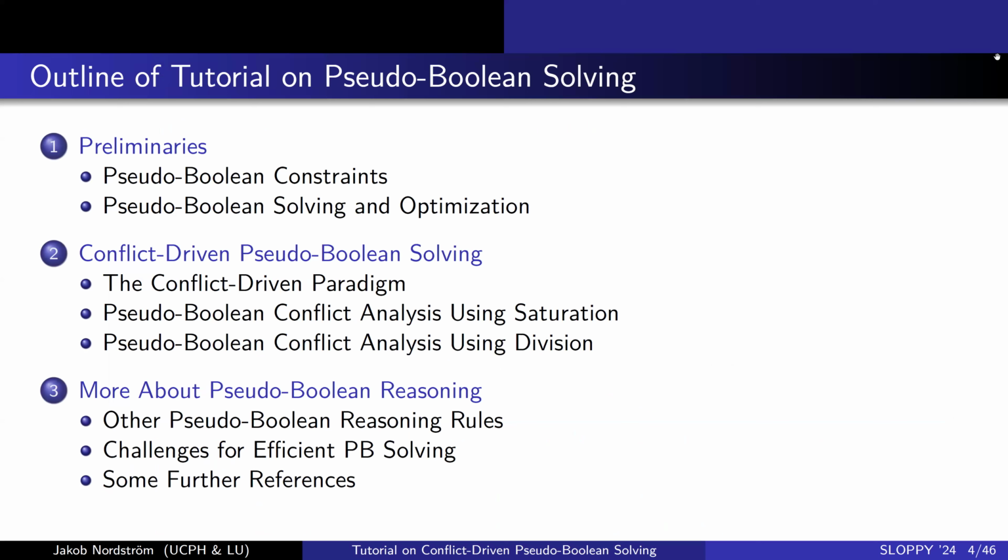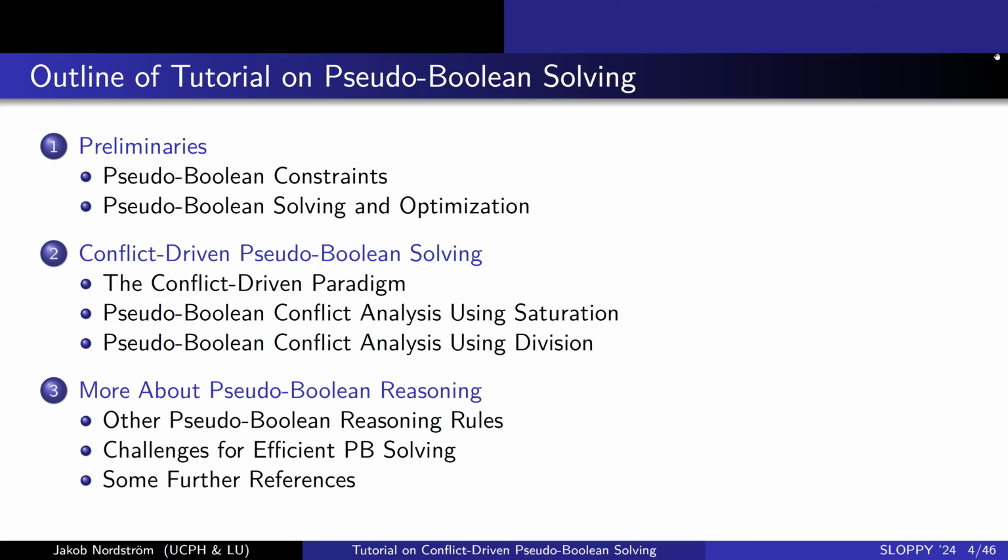Okay, so in this tutorial, we want to take SAT solving and lift it to 0, 1 integer linear inequalities. This is our plan, except we're going to call it a pseudo-Boolean problem, which is a 0, 1 integer linear program when a SAT person is talking about it. So we're going to consistently talk about pseudo-Boolean problems. And we'll set up some preliminaries, some notation. And then we'll revisit conflict-driven search and learning again.